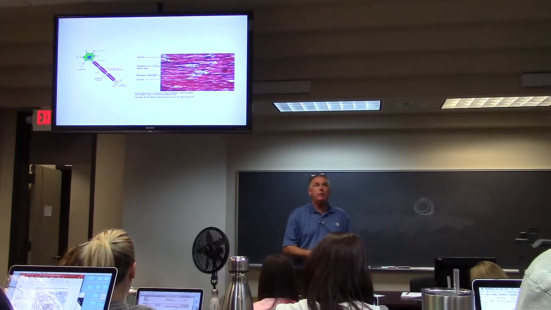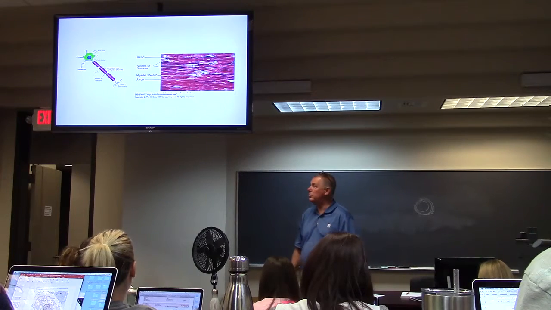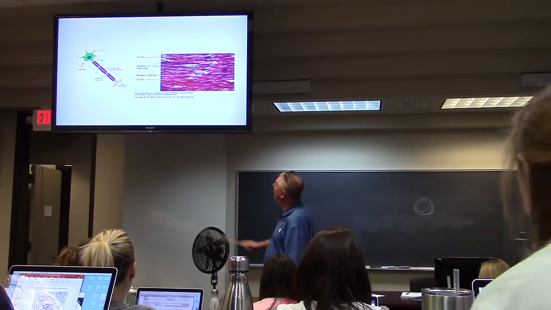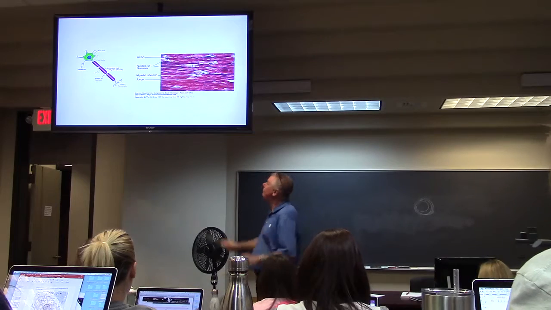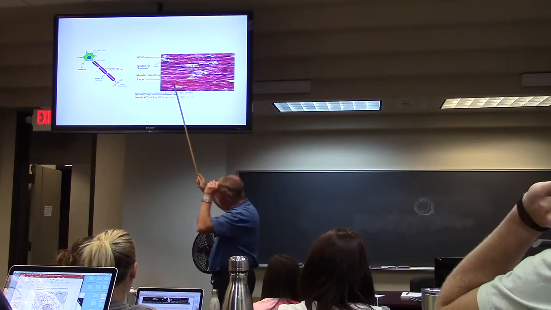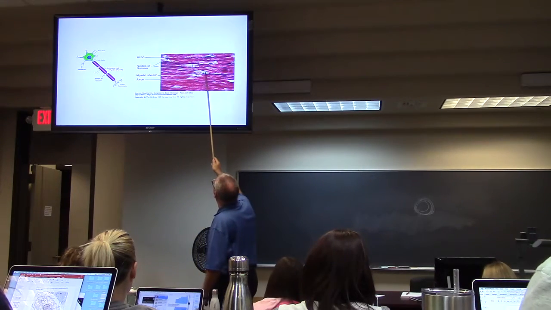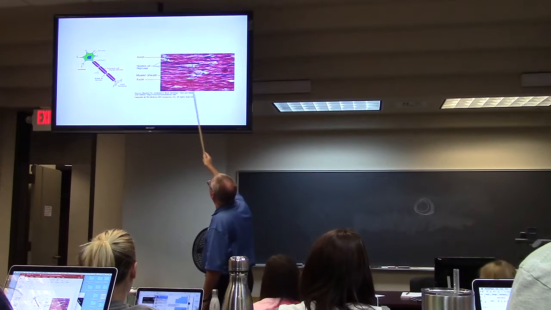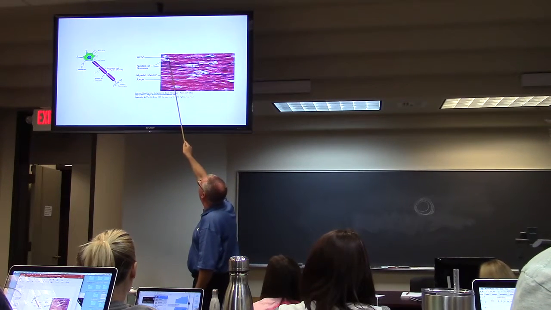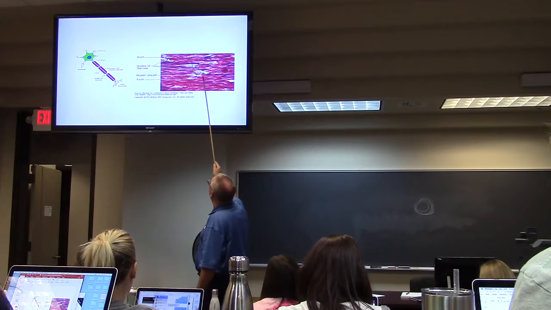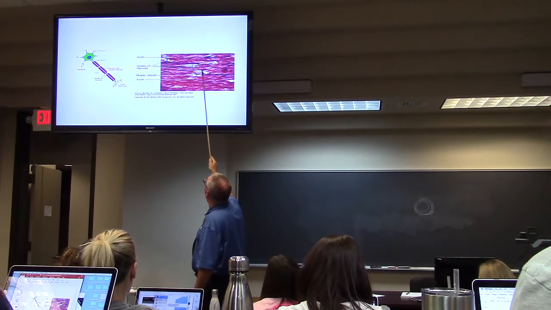If you look at this in my microscopic slide here, the axon is that thin filament. It's a very thin filament right there. You can see another one right there. And these big blobs are the myelin wraps.